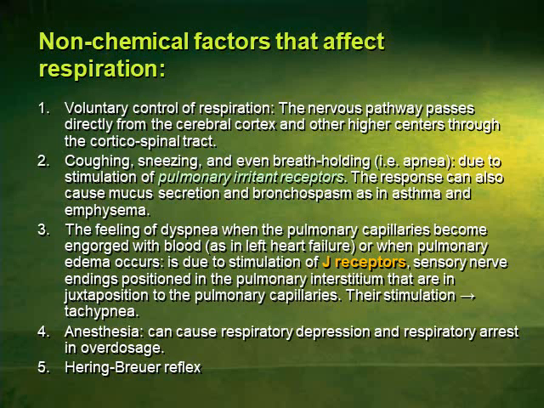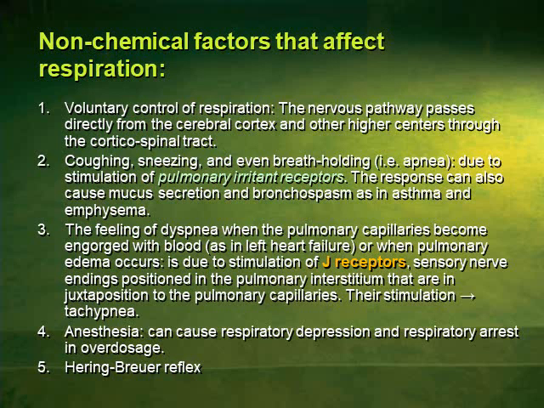Another example is the feeling of dyspnea, which is difficulty to breathe, when the pulmonary capillaries become engorged with blood. So if the capillaries around the alveoli are engorged in blood, receptors will be stimulated. These receptors are called juxta receptors in the wall of the alveolus, and they abbreviate the name from juxta to J. They call it J receptors.